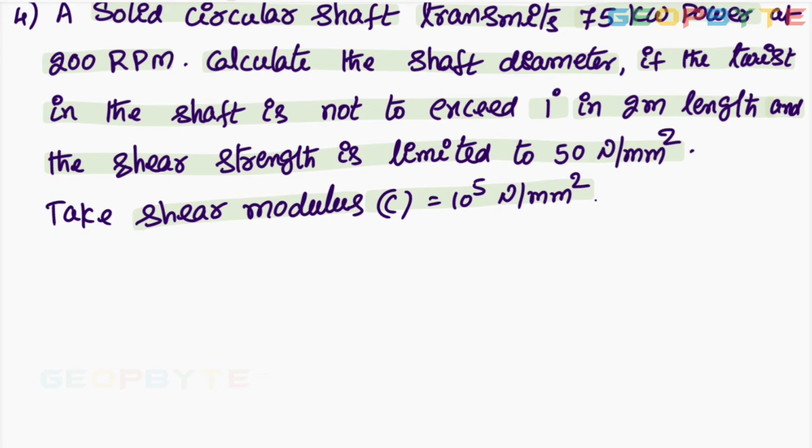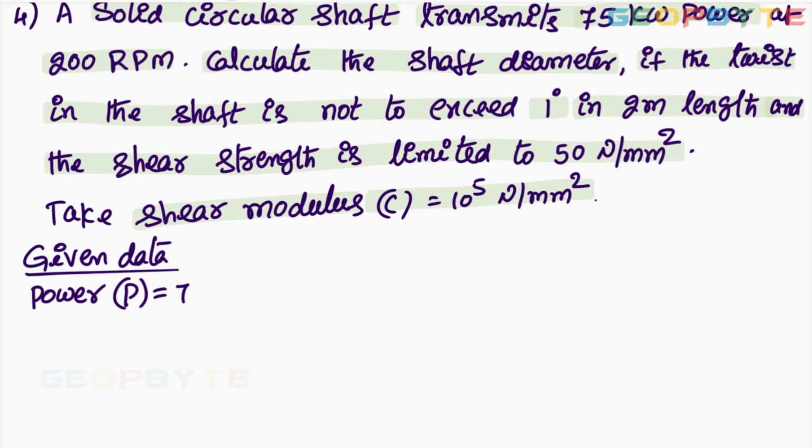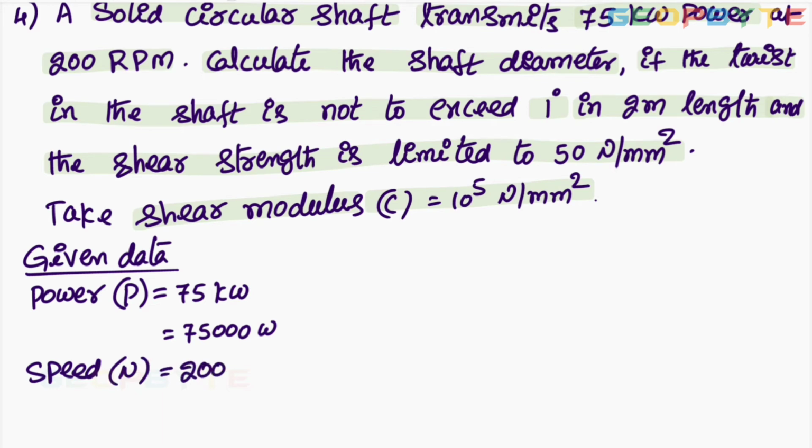First let me write the given data. The power transmitted by the shaft, P, is 75 kilowatts. It is equal to 75,000 watts or joule per second at a speed of n equal to 200 revolutions per minute.